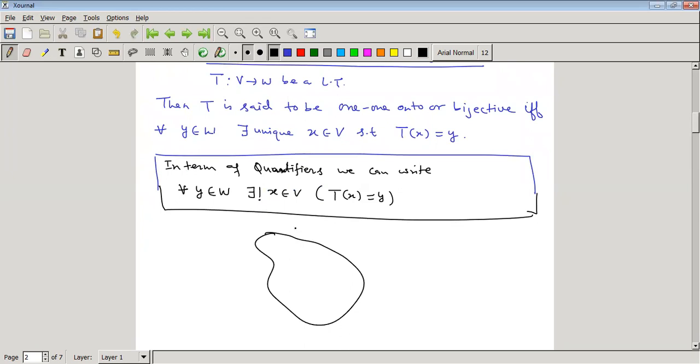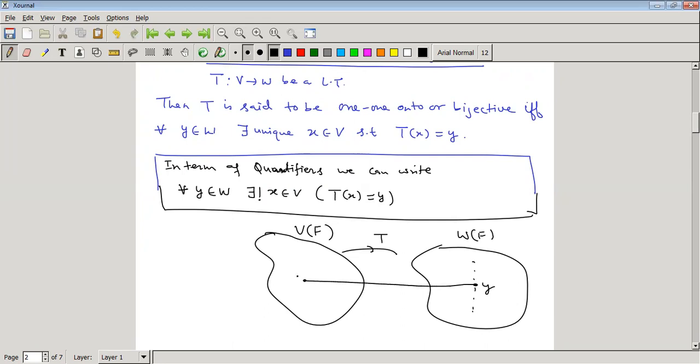So if we have a vector space V over the field F and W over the same field F, and T is a mapping from V to W, and we pick any y in W, then there exists a unique x, which means we have only one preimage of this y such that T of x is equal to y.